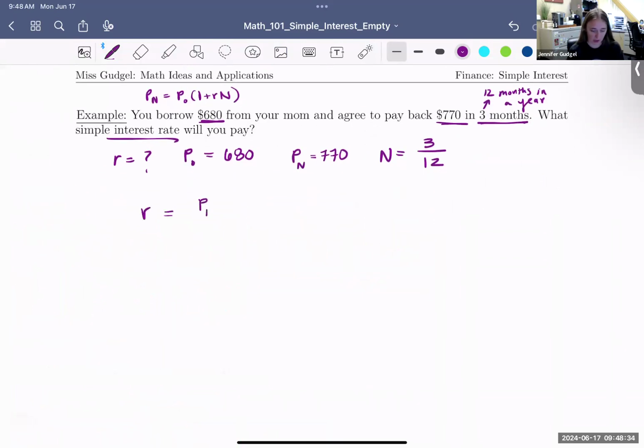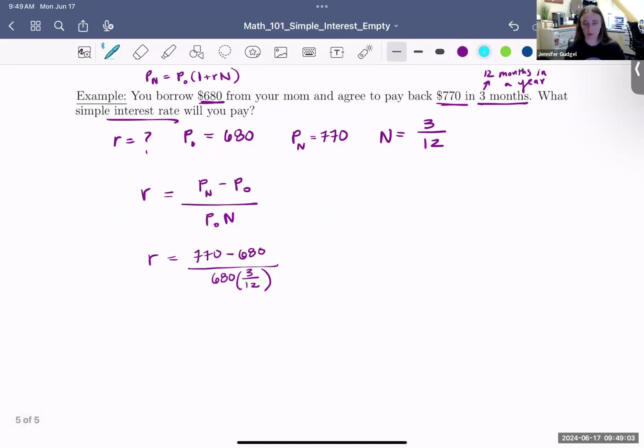So it's going to be the end value minus the initial, divided by the initial times the number of the pay period. So that's 770 minus 680 over a product of 680 times 3/12. Take a moment.